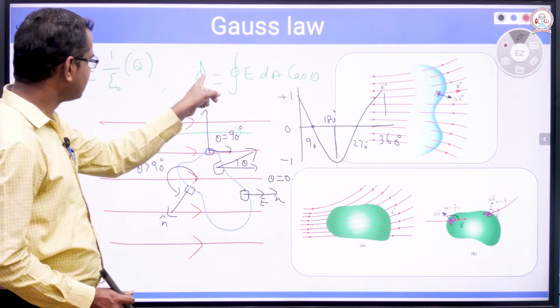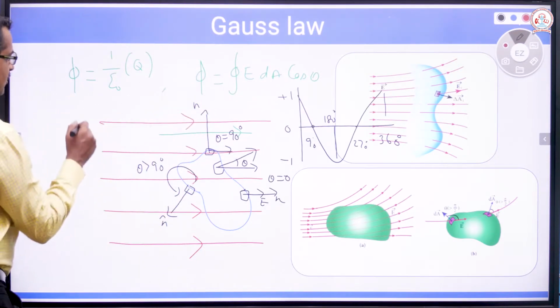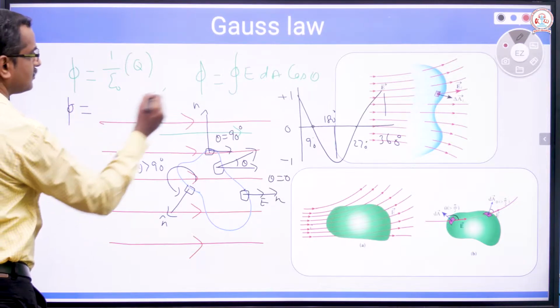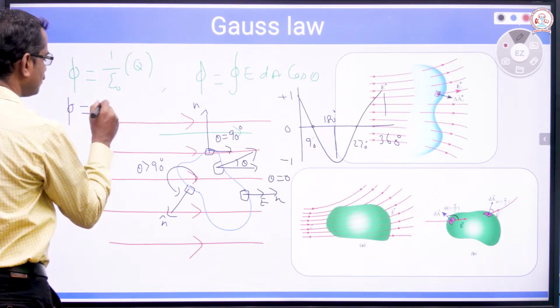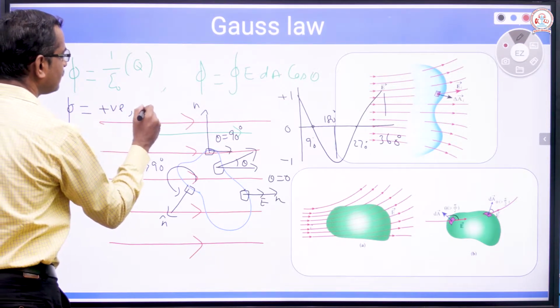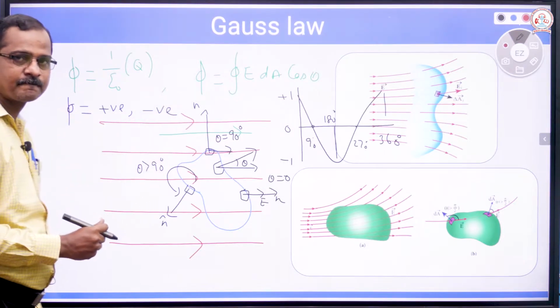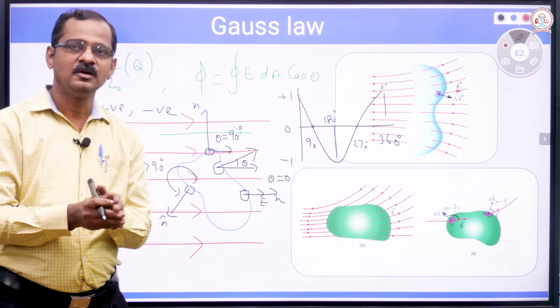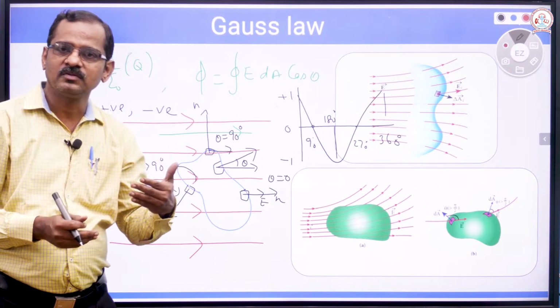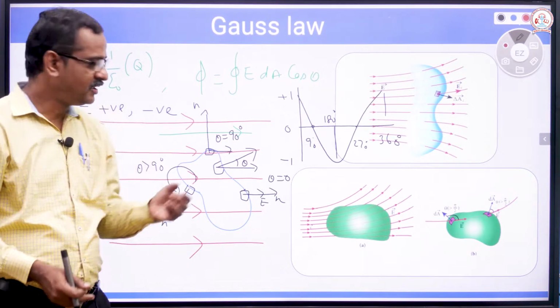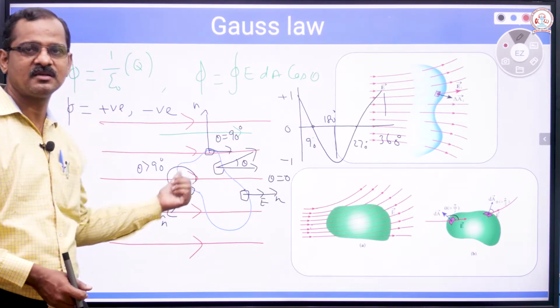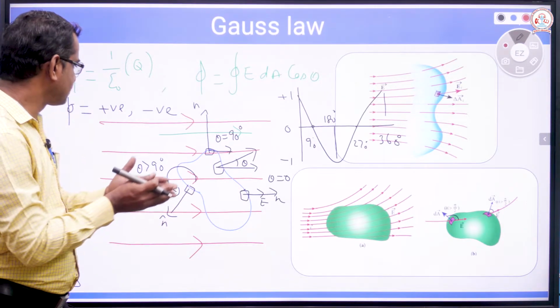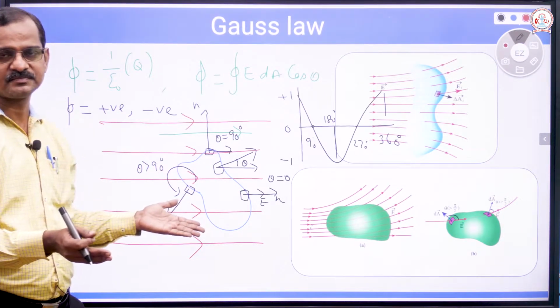Therefore, the flux phi may have a positive value, or it could have a negative value. It is based on theta. Flux will change from minus to plus.